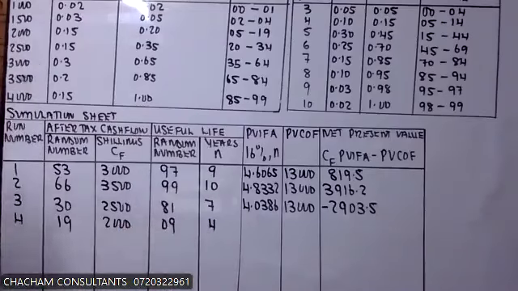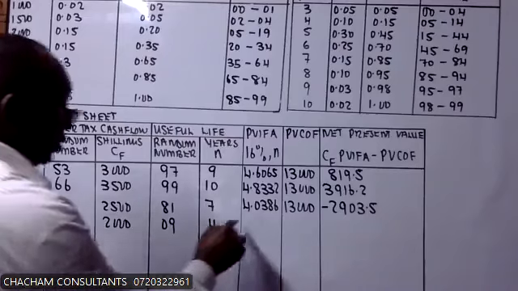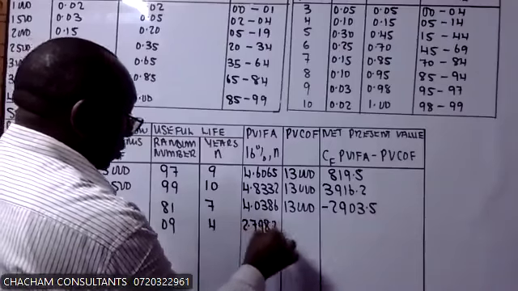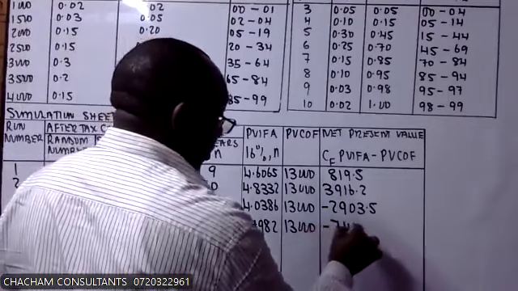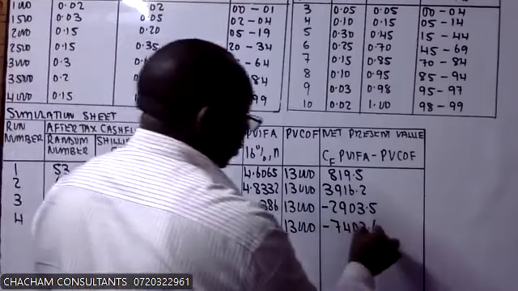So read for me that PVIF. $2.7982. So give me the NPV. Negative 7403.6.